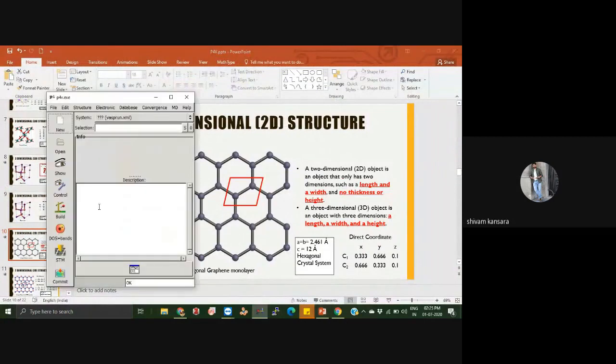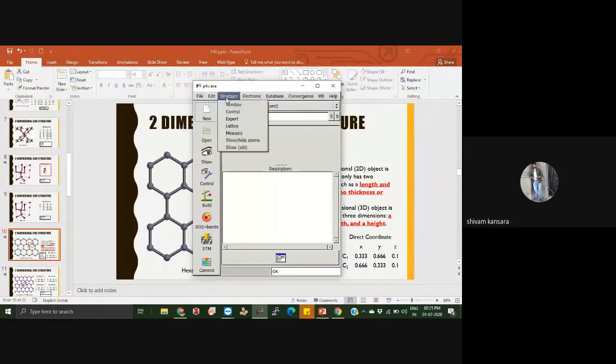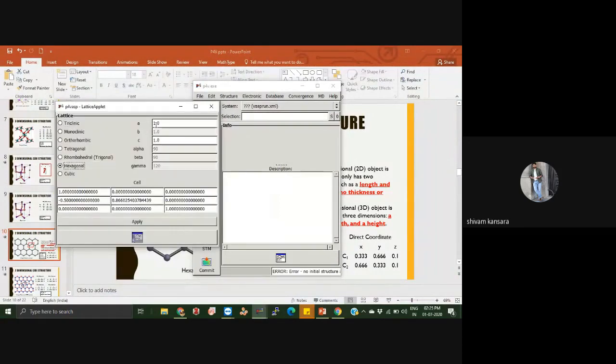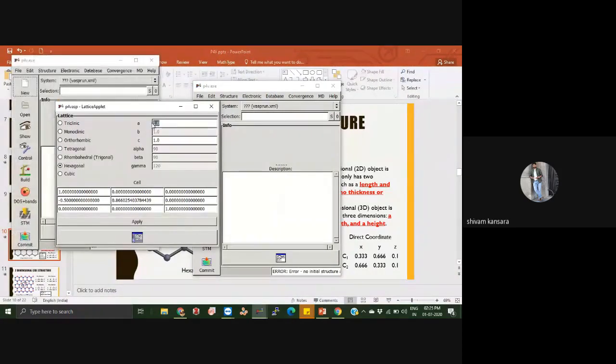Go for the structure, press lattice, select hexagonal, and keep the lattice constant here as 2.461, the very famous and available lattice constant for graphene. And this is A and B.